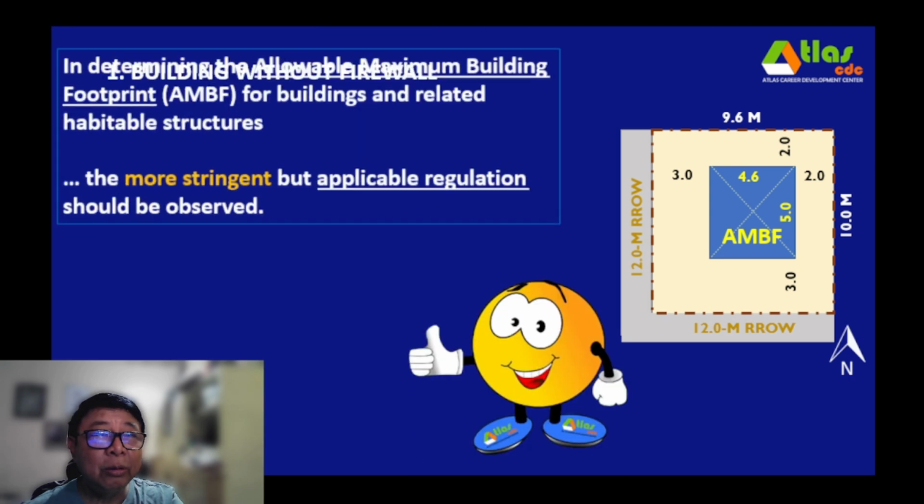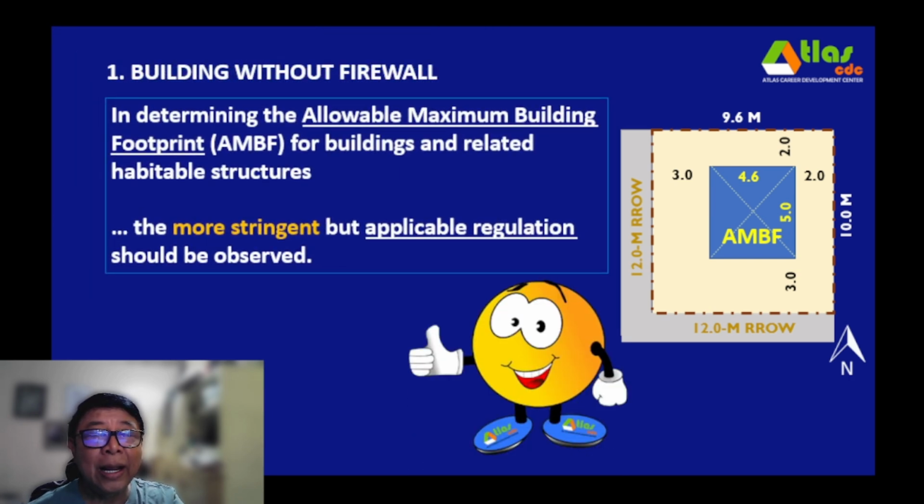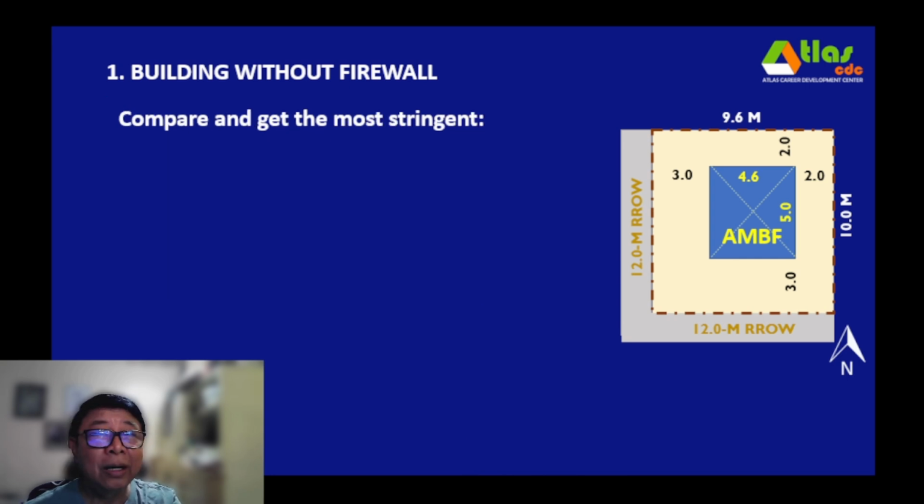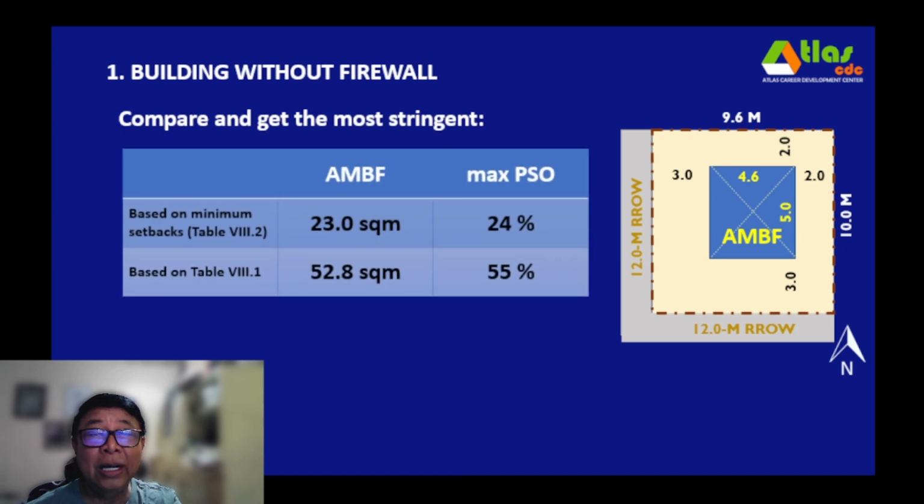So the rule in determining the AMBF or the allowable maximum building footprint is that the more stringent but applicable regulation should be observed. So we are going to compare those two values that we have derived.